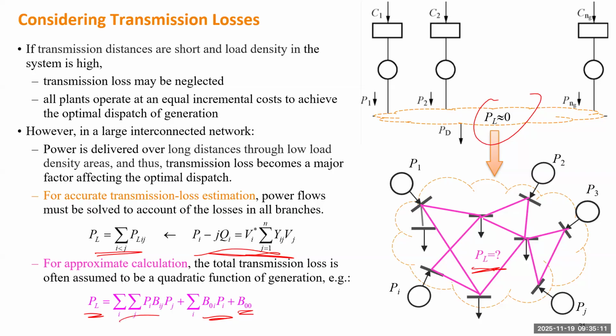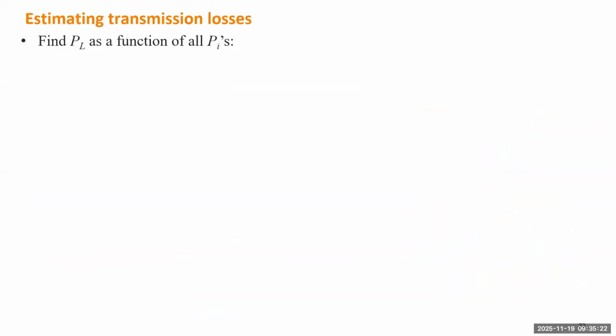And also there's a second order term depending on the product of the outputs of two generators. We want to find out this formulation, and then we can consider it in the problem. So let's find the transmission loss as a function of all generator outputs.